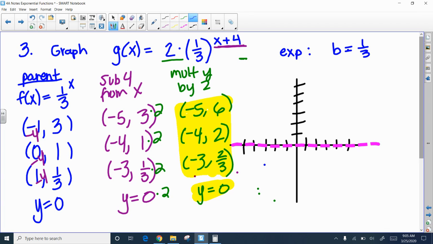We've got -5, 6 means we go left 5 and up 6. -4, 2, and then -3, 2/3. 2/3 is between the 0 and the 1. So if I draw that in, it's going to look like this and get close to the asymptote there. So this one is exponential decay.